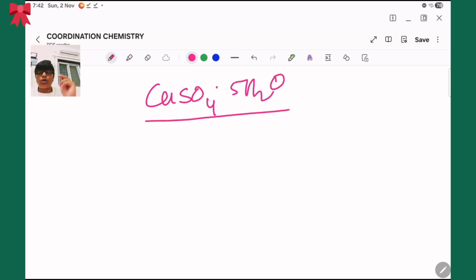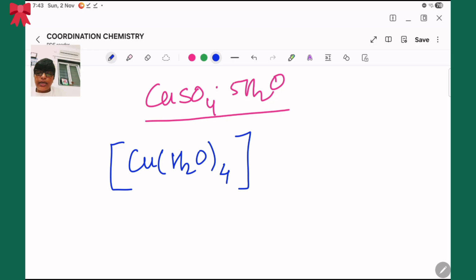This is copper sulfate pentahydrate, called blue vitriol, and it is actually a complex compound. When you draw the structure of this compound, it would be [Cu(H2O)4], with the sulfate outside the square bracket and one water molecule outside the square bracket.